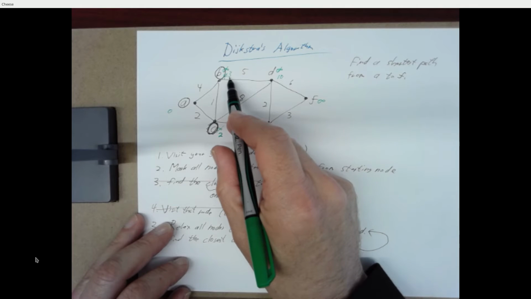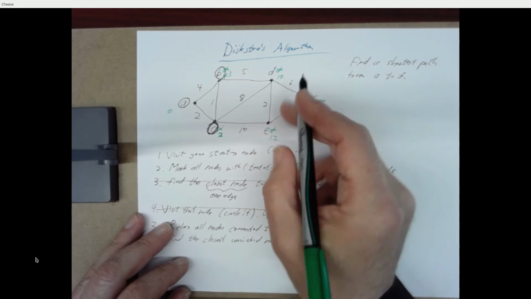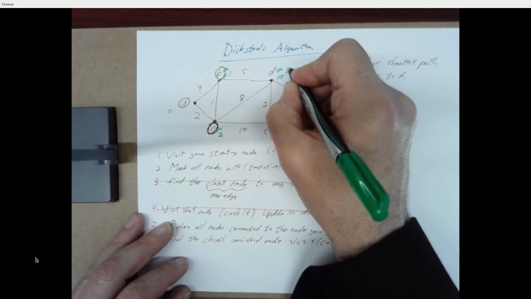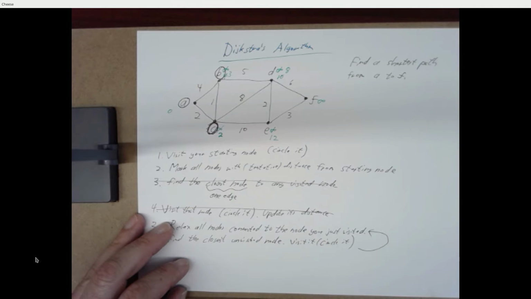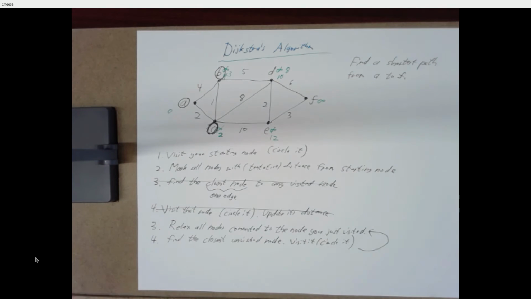Well, we can get to B in a distance 3, and 5 more is 8. That's better than 10. So we're going to relax that. And that's it. Those are the only nodes connected to B. Once we've visited a node and we've marked it, we know that that's the best distance to that node. So we don't need to do anything to those visited nodes again.